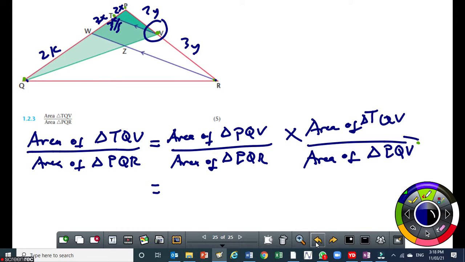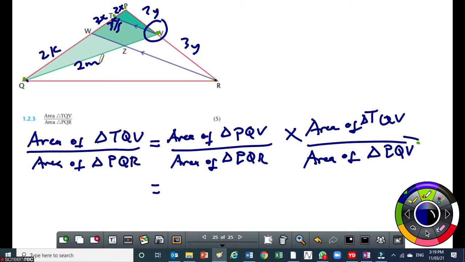It's 2m because in triangle QTV, if I use the proportion theorem, because the coefficient of the k is 2, the coefficient of that m must be 2.